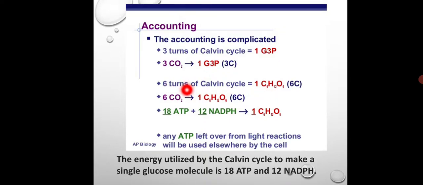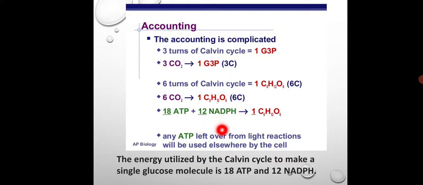Okay, जब 6 बार cycle घूमती है, it gives 1 glucose molecule, and 6 carbon dioxide, same इसी का मतलब है 6 carbon dioxide gives 1 glucose molecule. 3 carbon dioxide gives 1 G3P molecule. So total हमारे पास कितने हैं, 18 ATP and 12 NADPH.